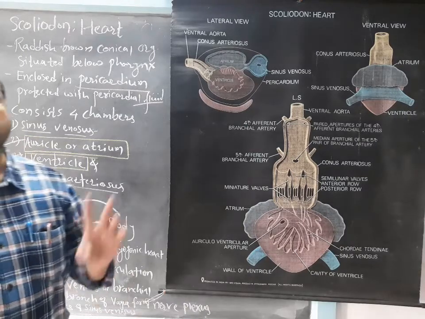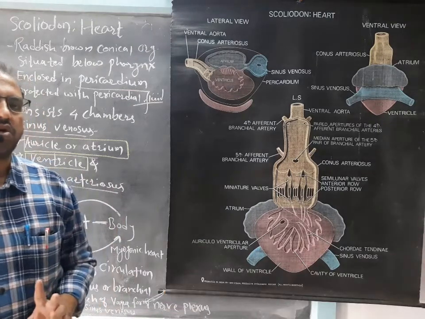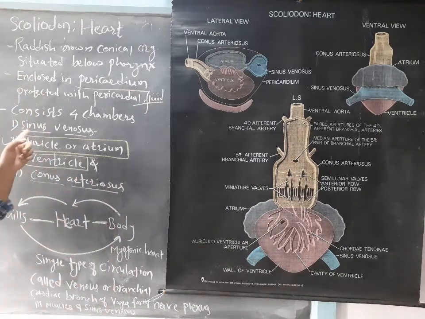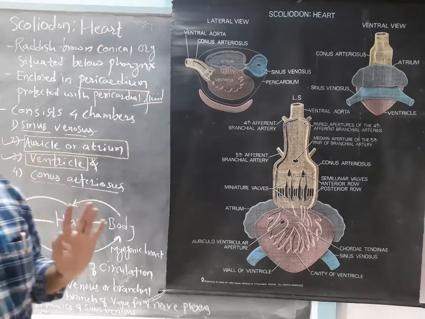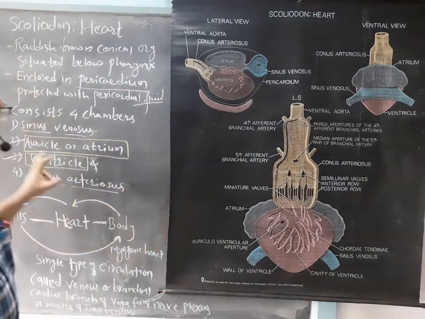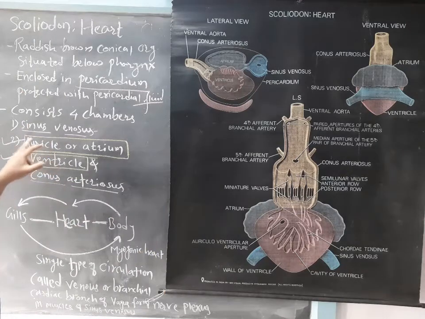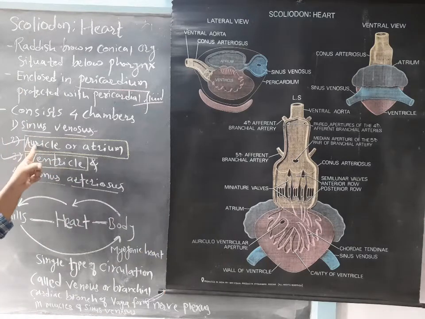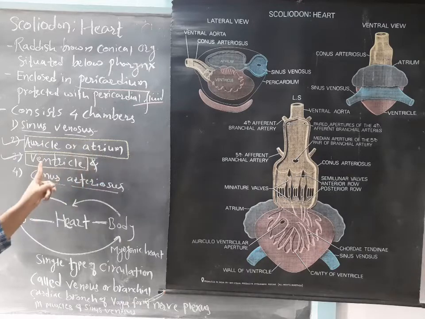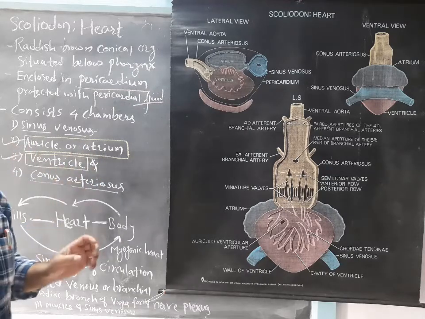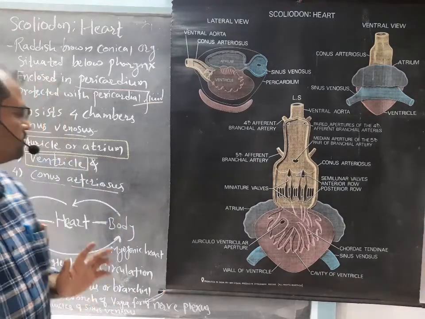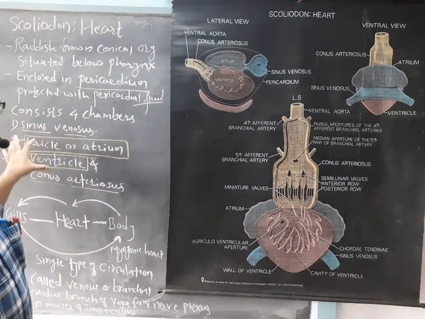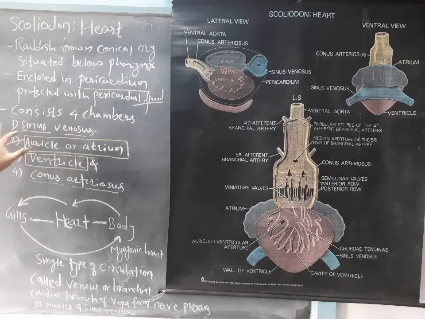These are the only true chambers of the heart of Scoliodon. The remaining two chambers, sinus venosus and conus arteriosus, are not considered true chambers of the heart. Only the auricle or atrium and the ventricle are considered true chambers of the heart.